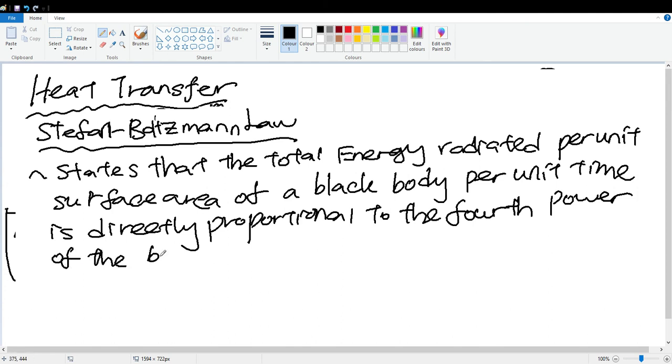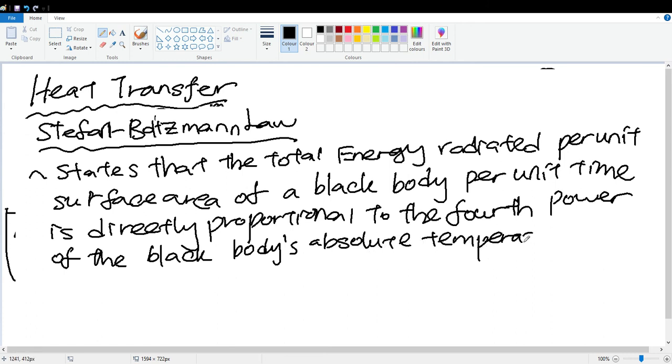So this is the definition of the Stefan-Boltzmann law, which states that the total energy radiated per unit surface area of the body per unit time is directly proportional to the fourth power of the black body absolute temperature.